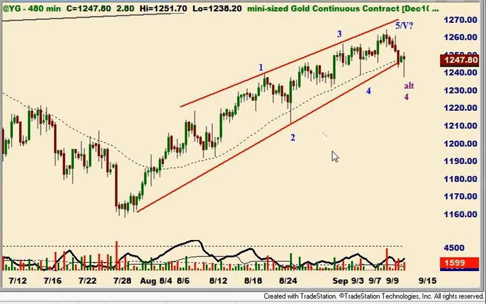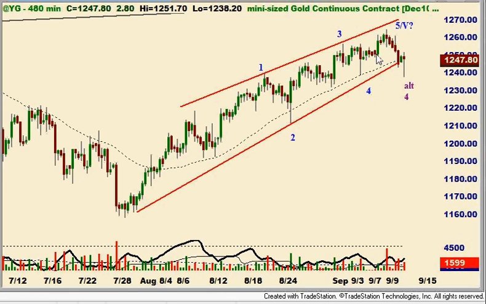Now, speaking of diagonal triangles, gold is starting to show pretty good form here, and it's possibly has already peaked. You can see here, this is a good example of how a diagonal triangle should look, in that you've got 1, 2, 3 up in 1, 1, 2, 3 up in 3, 1, 2, 3 up in 5.